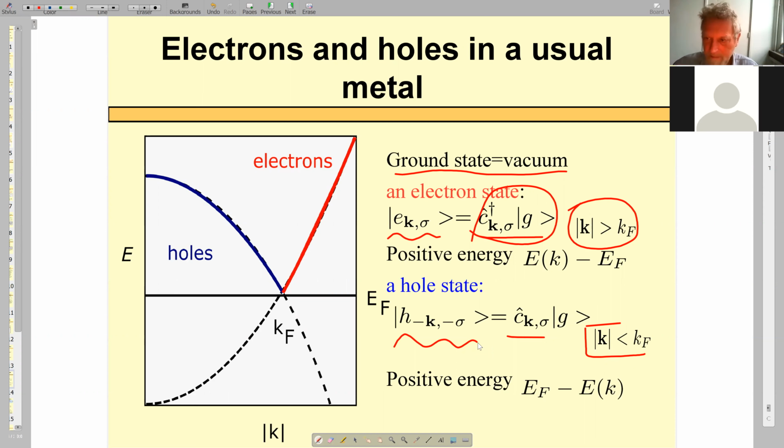Good, so I have two kinds of excitations, two branches of the spectrum, an electron branch and a hole branch. They're separated in K space. Fine. Let me now do the same for our model, for our ground state, which we have found.